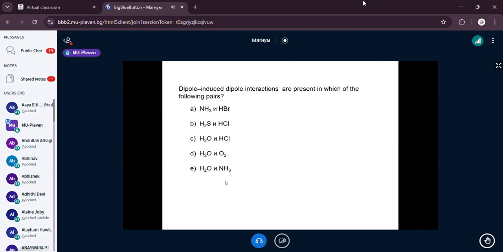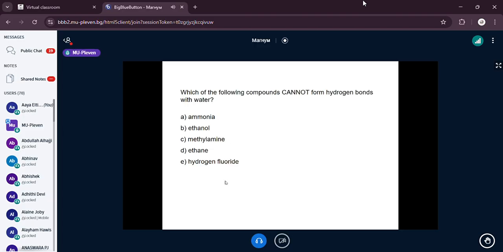And this example is given in this table you have seen last time about different types of non-covalent bonding. Which of these compounds cannot form a hydrogen bond? These compounds are given by their names, but all of these compounds contain hydrogen.